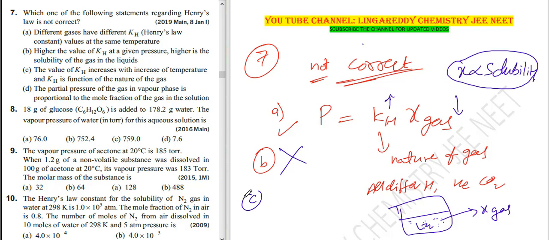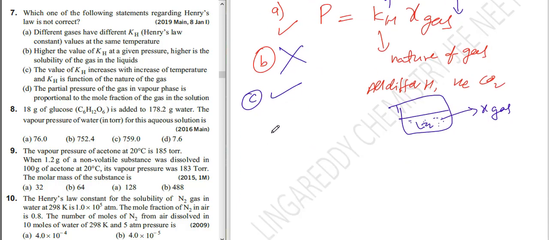Then option C: the value of kH increases with increase of temperature and kH is a function of the nature of the gas. Yes, that is true. kH depends on temperature as well as the nature of the gas. Option D: the partial pressure of the gas in vapor phase is proportional to the mole fraction of the gas in the solution.